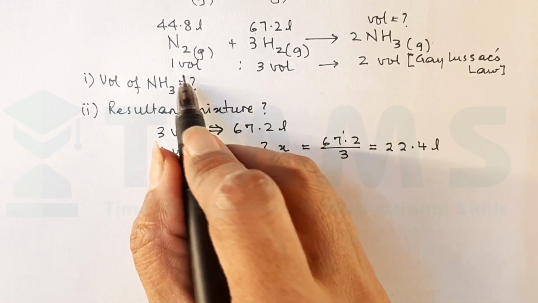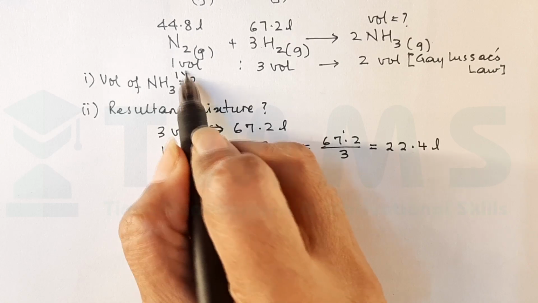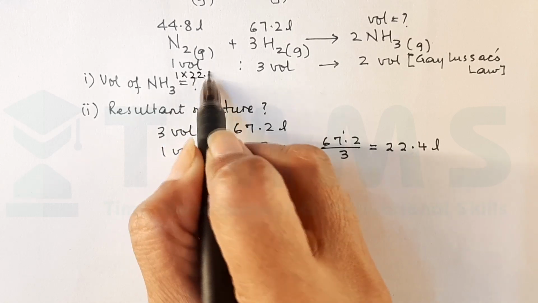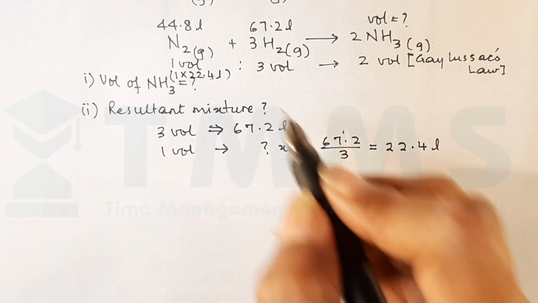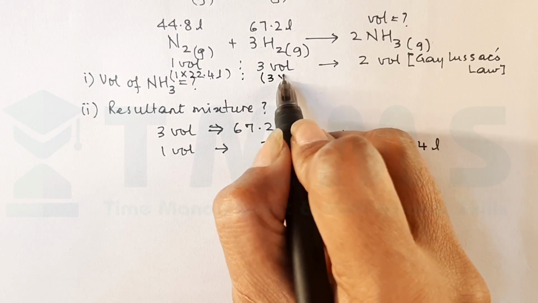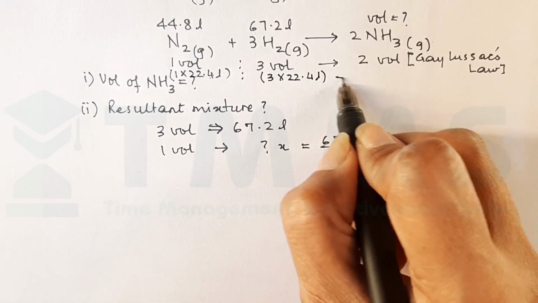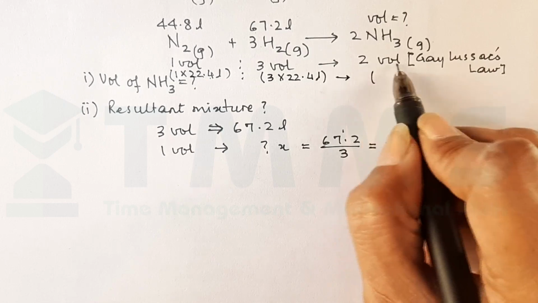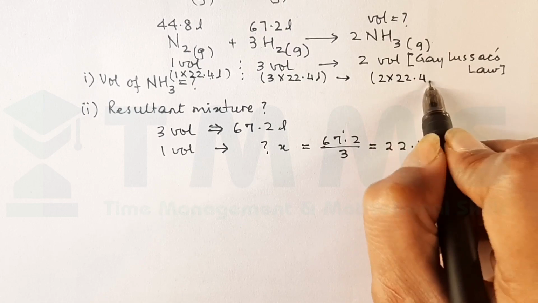Now we look at the equation and we will say here this is 1 multiplied by 22.4 liters because 1 volume is 22.4 liters, is to this 3 volumes becomes 3 into 22.4 liters, and that will give us 2 volumes will be 2 multiplied by 22.4 liters.